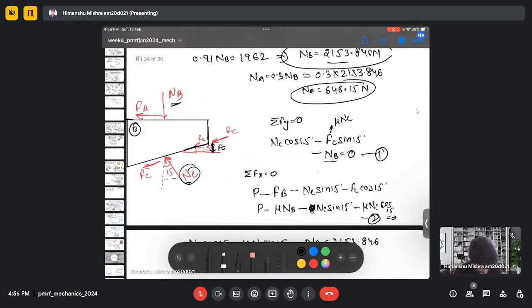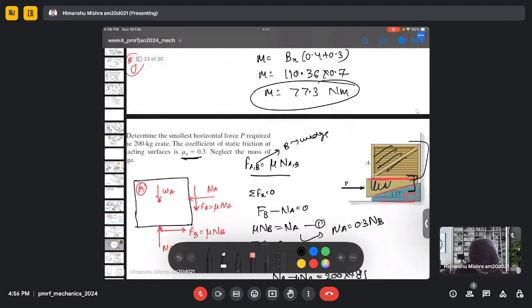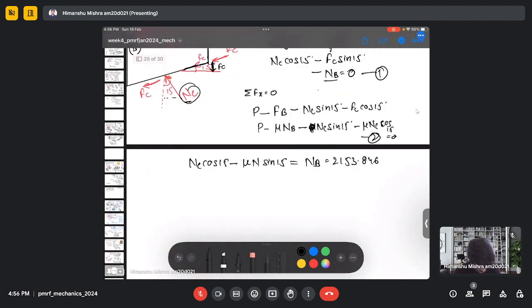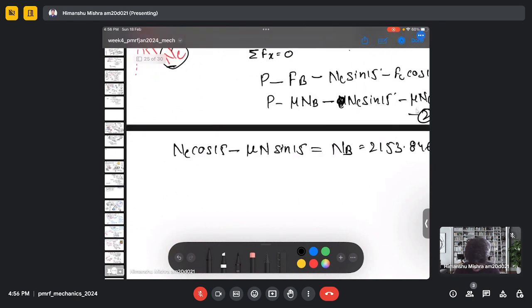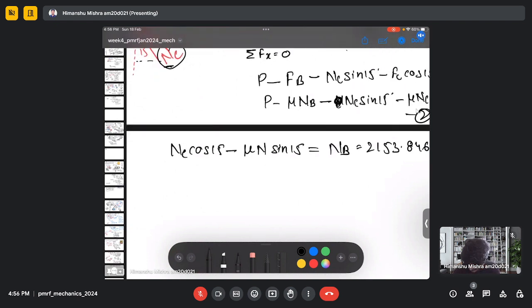And mu is 0.3 for every surface. So it is 0.965 NC minus 0.077 NC equals 2153.846.